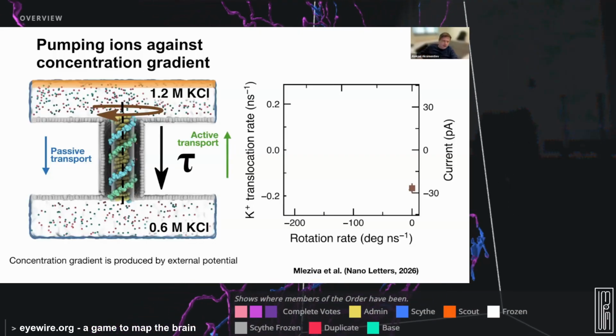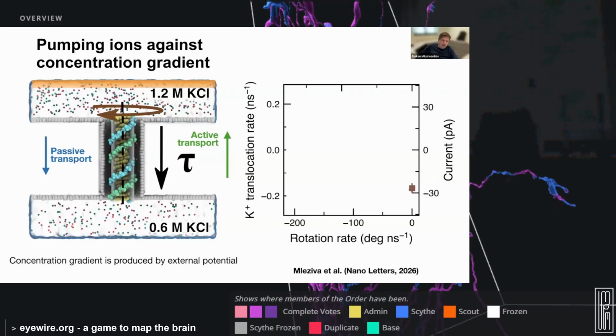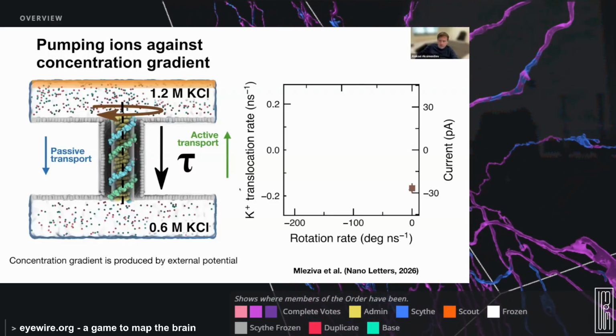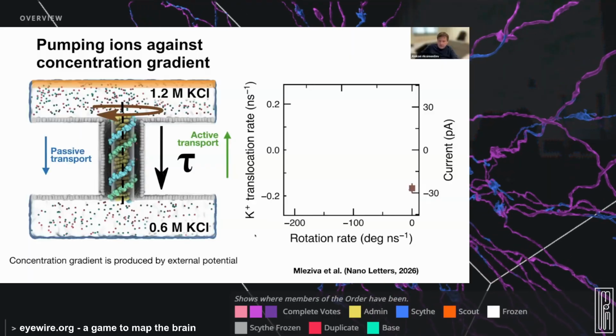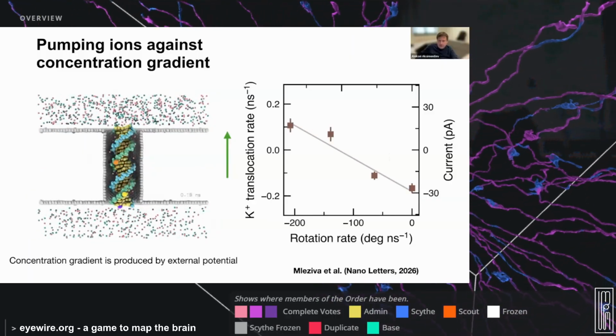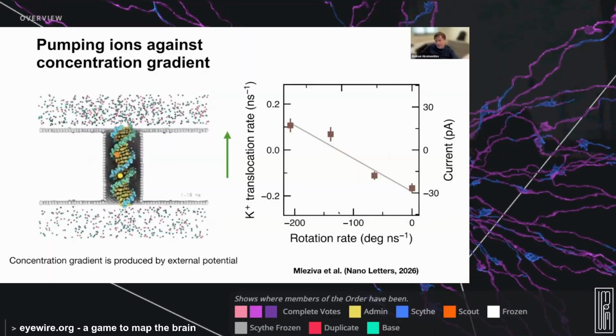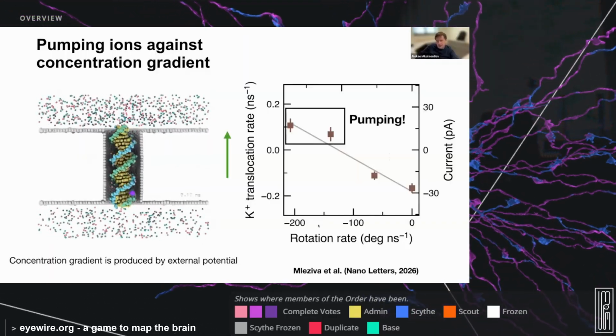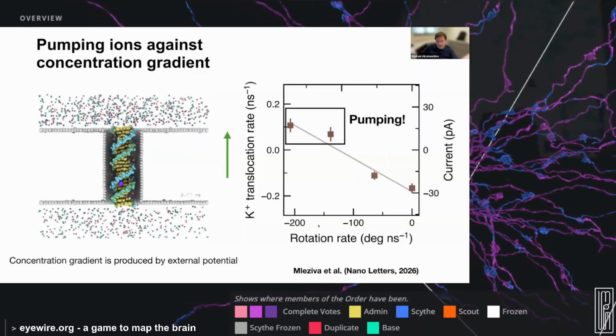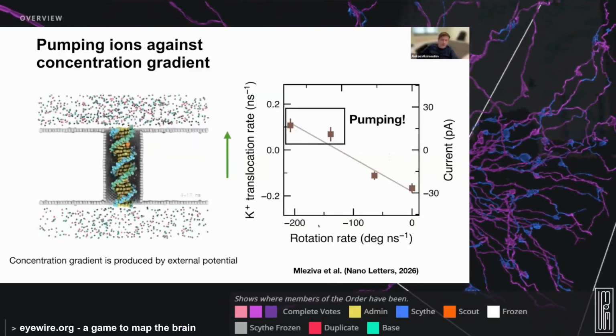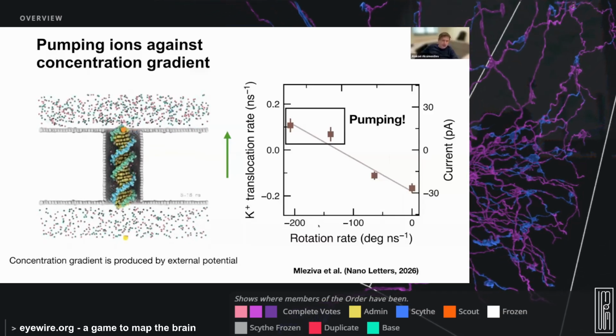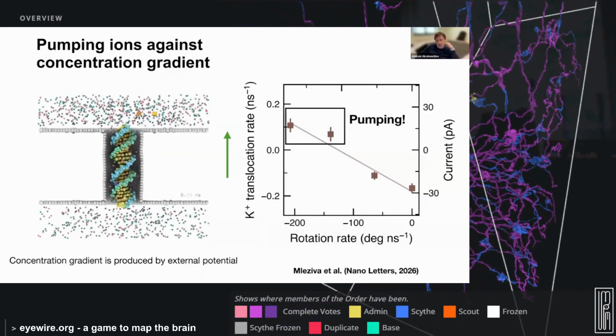So you'll have water flowing along with the potassium. Now, as we start rotating it, we're getting less and less transport, and at some point, at some kind of a speed, we get pumping action, which is illustrated by the movie here on the left.